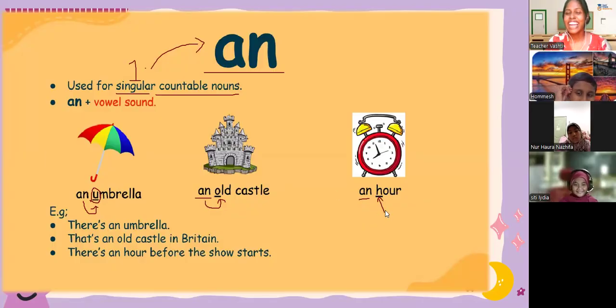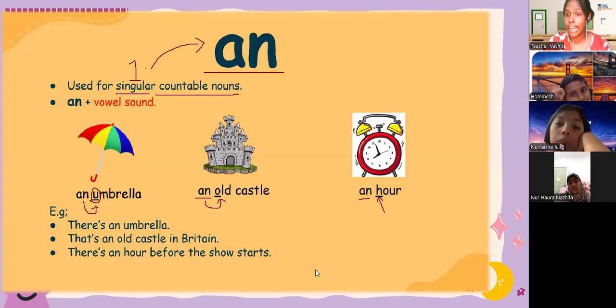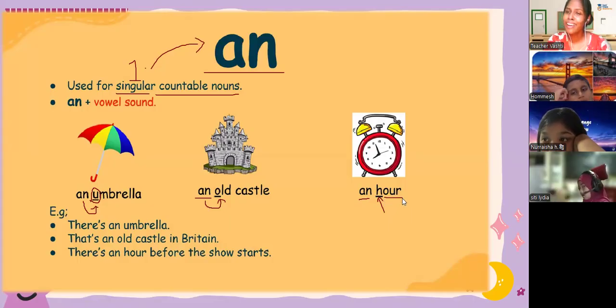Okay. All right. Now, an hour. How do you say hour? Do you say it as hour with the H? Ada tak sebut H tu? Or you say hour, like our?